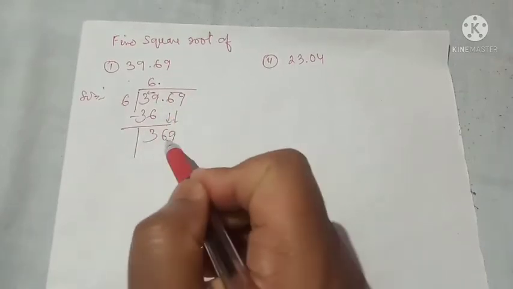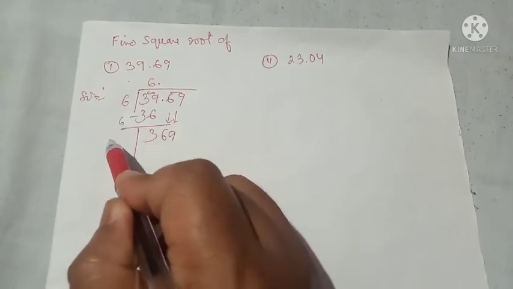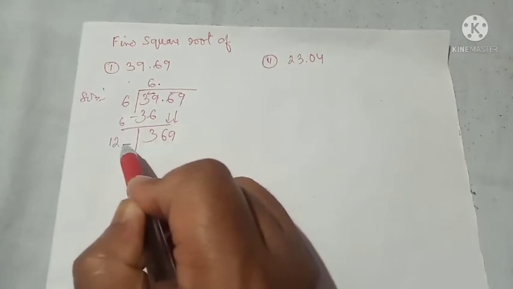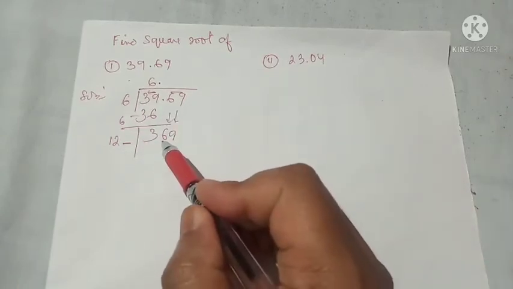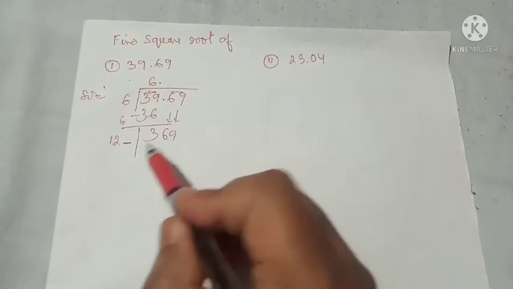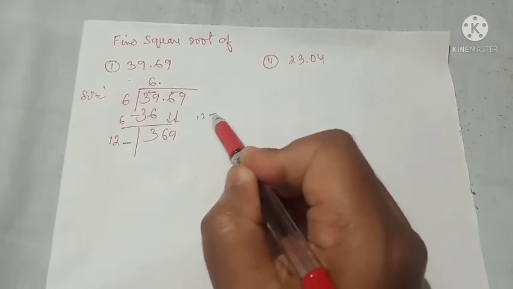Again, doubling this 6, you will get 12. We are going to find the new divisor so that the product is equal to or less than this number.